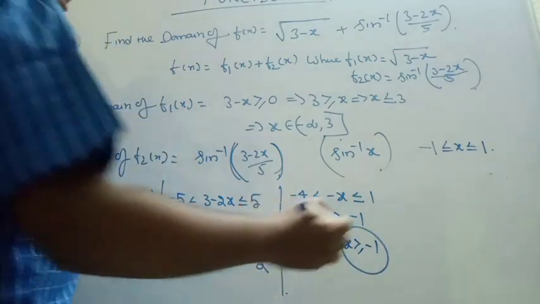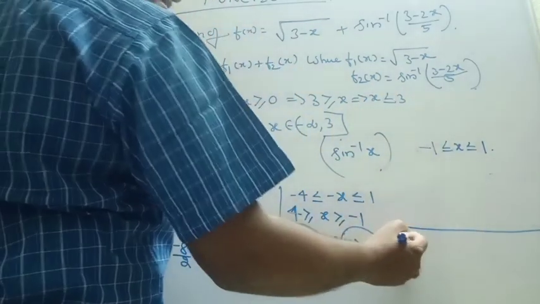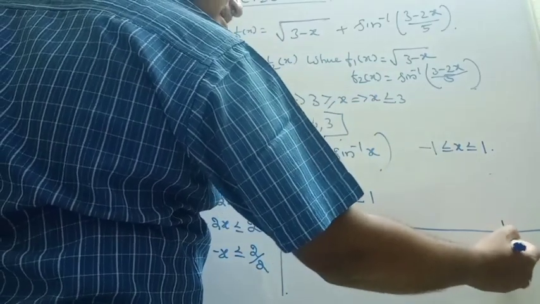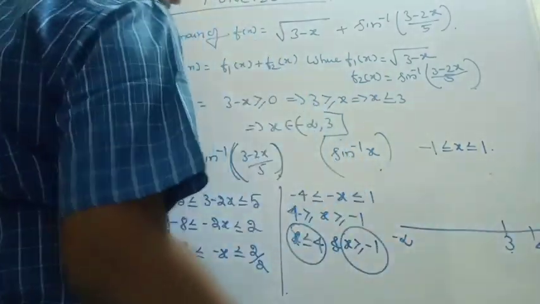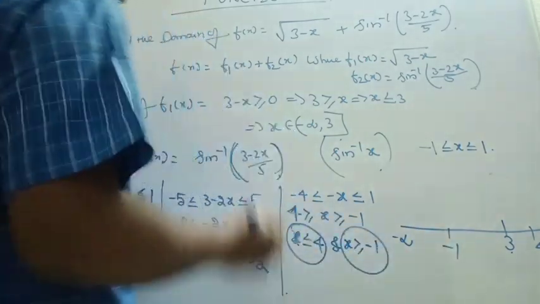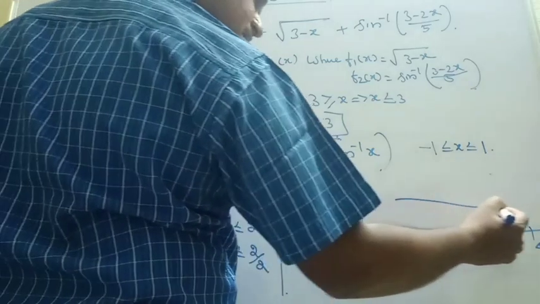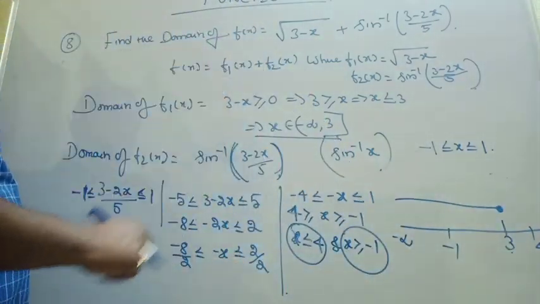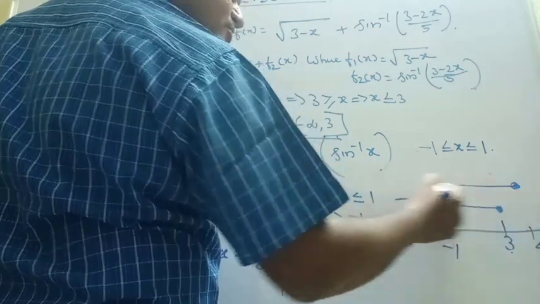Therefore, now the common part we need to take here. In the first one, I told you we have got minus infinity to 3. Here we have 3, and x is less than or equal to 4. 4 is another common point, and minus 1. Now the first solution is minus infinity to 3, and 3 is included, that's why it is shaded. Next, x is less than or equal to 4. This is the solution.